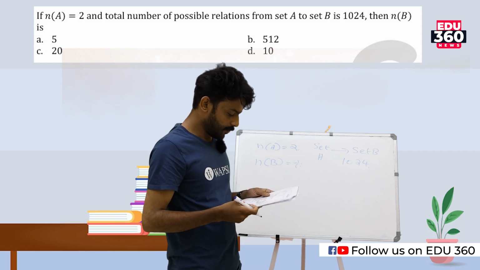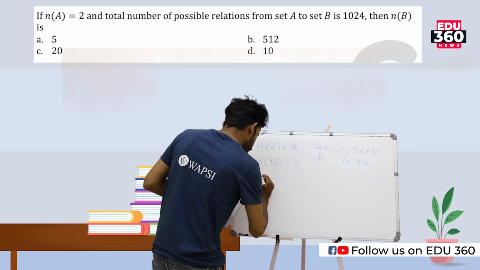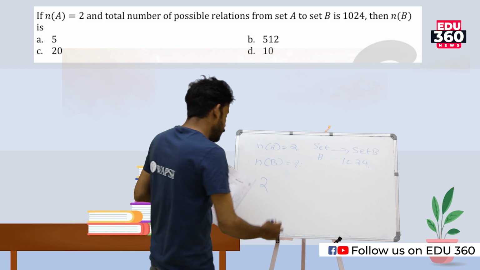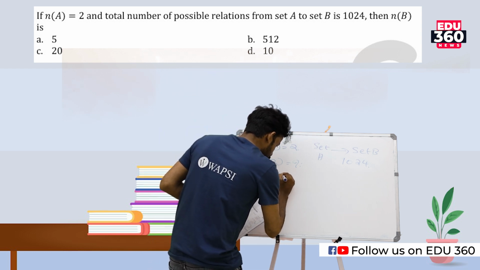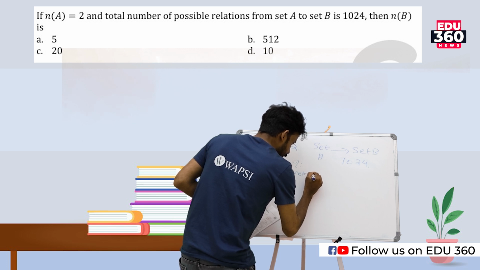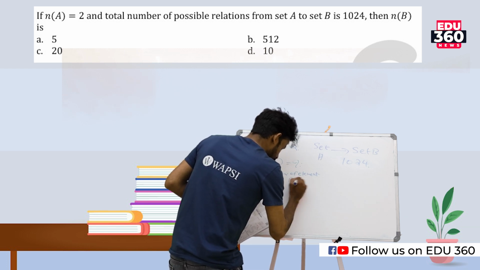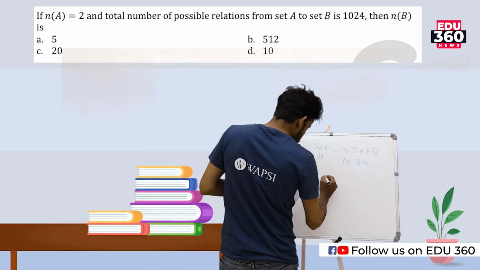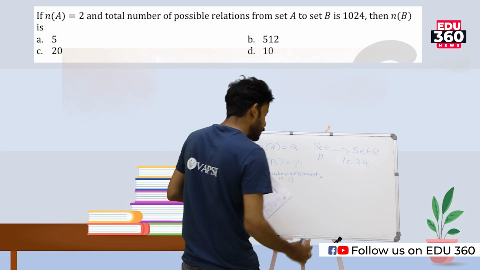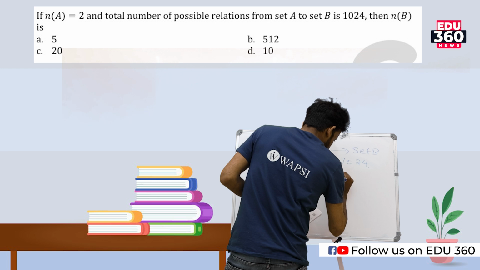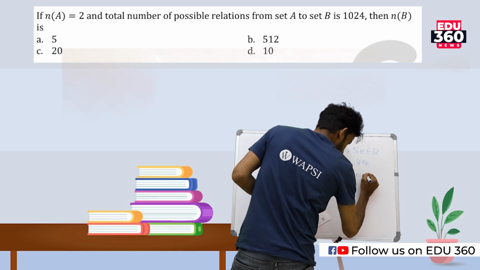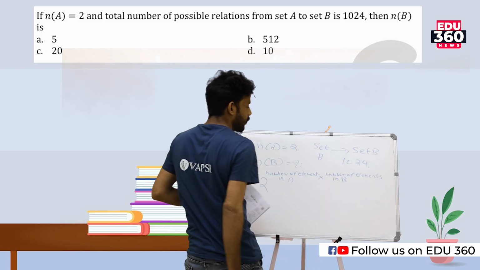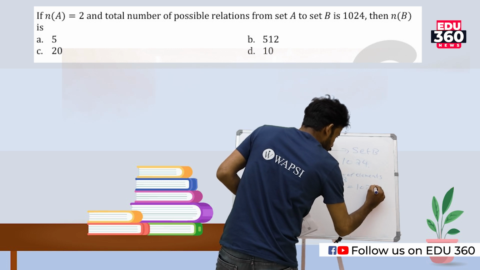So how can we find this? We know that 2 raised to the number of elements in A into the number of elements in B is the total number of relations, which is given as 1024.